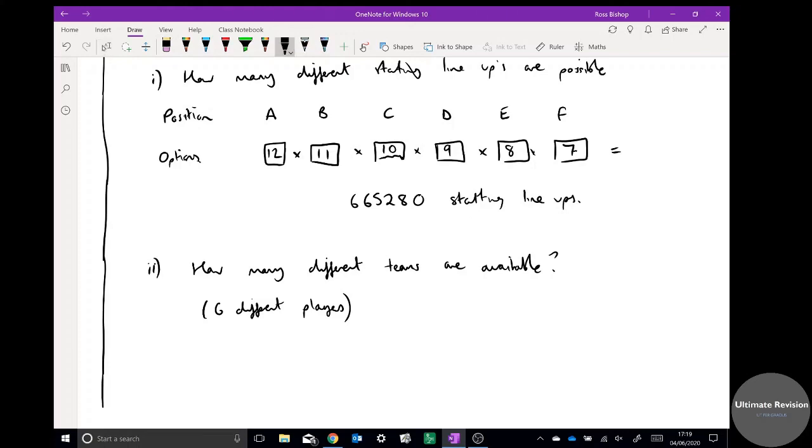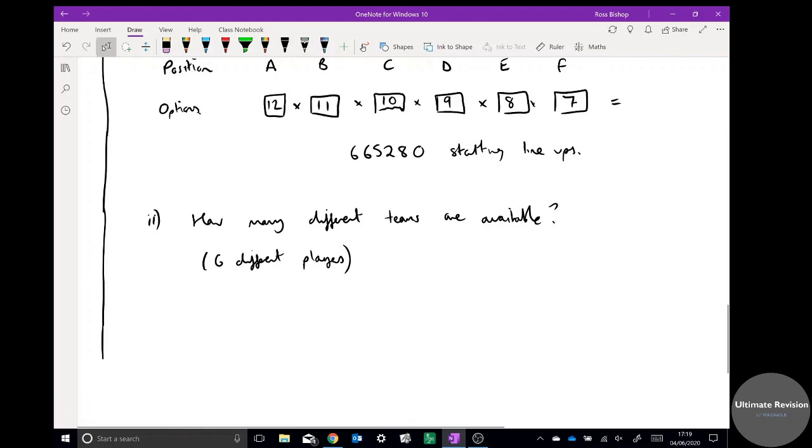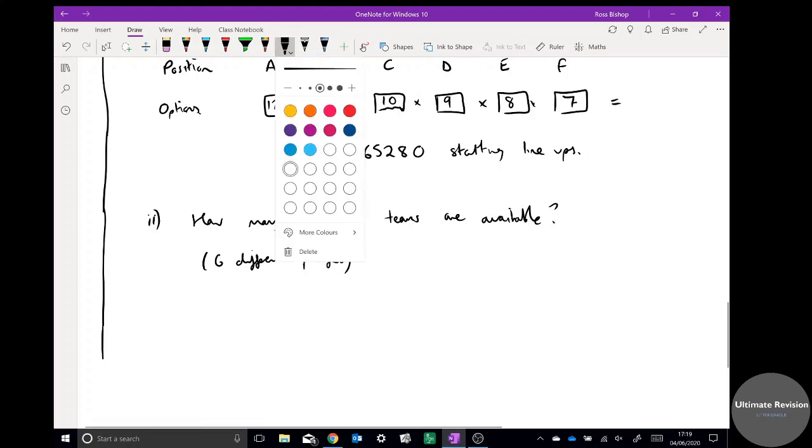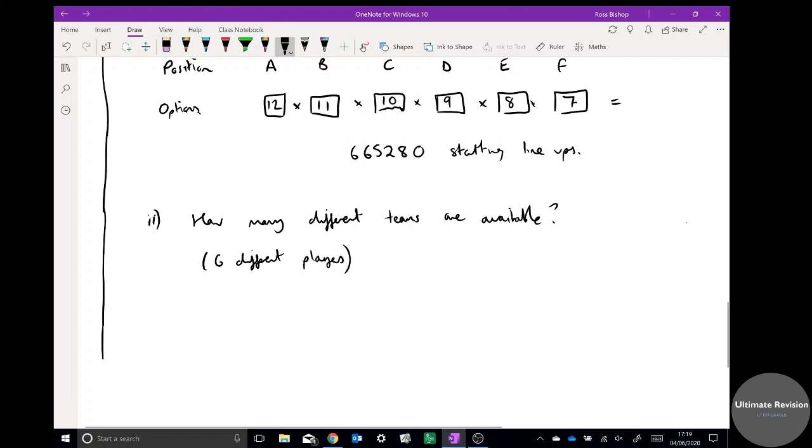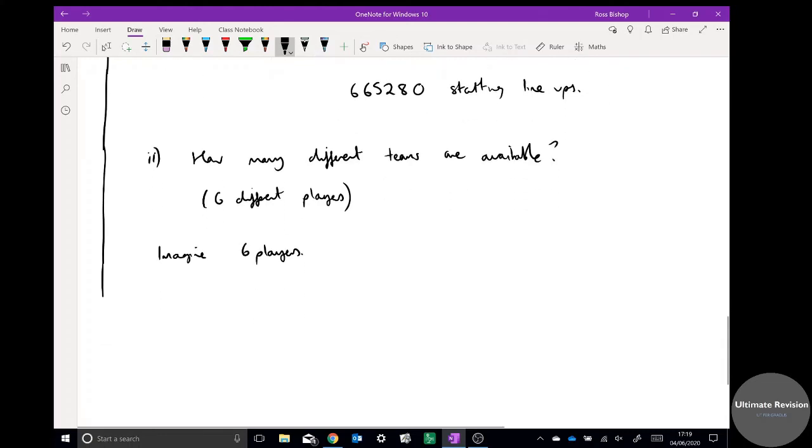Okay. Now, for this, we need to determine how many of these 665,280 had the same players in, but just in different combinations. If we imagine 6 players, so if we just had 6 players and 6 positions, how many different ways could they be ordered?